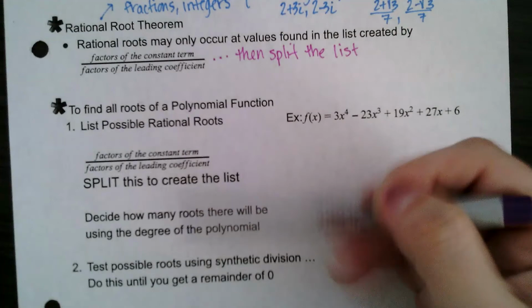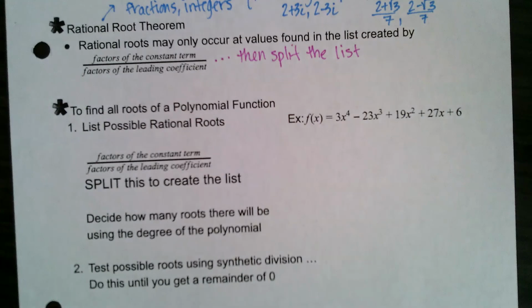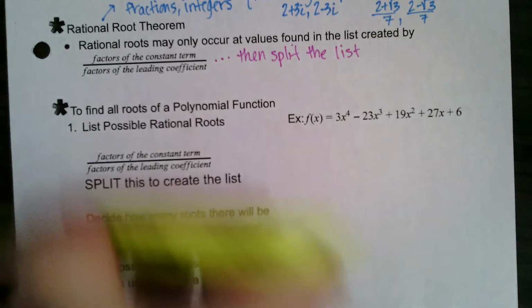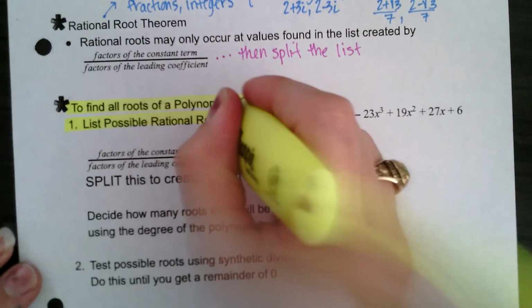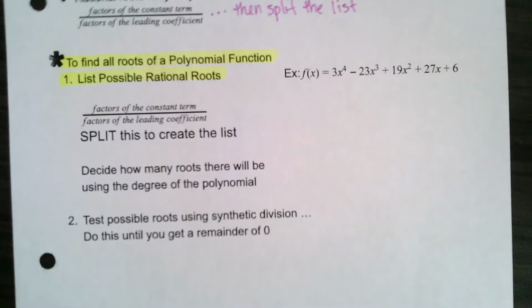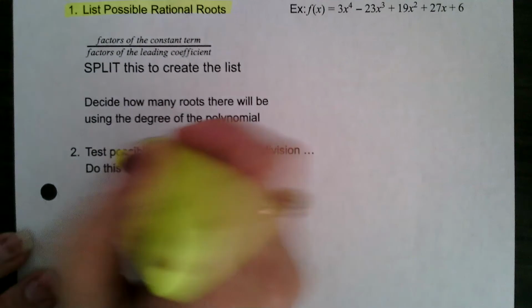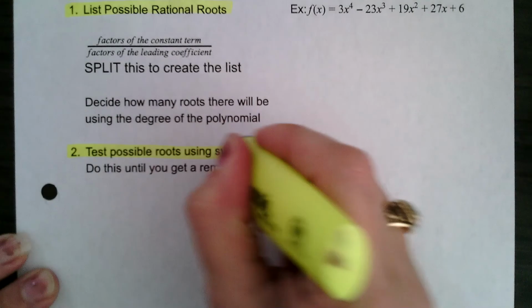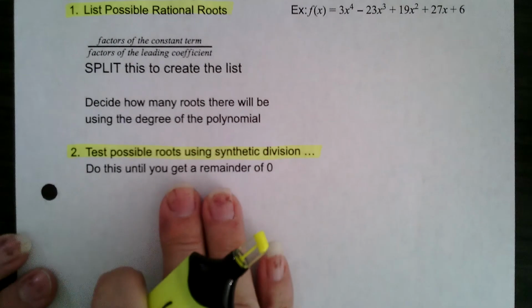So, I guess I have that written here. Find all the roots of a polynomial function. The way that we start is by listing the possible rational roots. Then after we find that list, we're going to test possible roots using synthetic division. And what we're looking for is to get a remainder of 0.